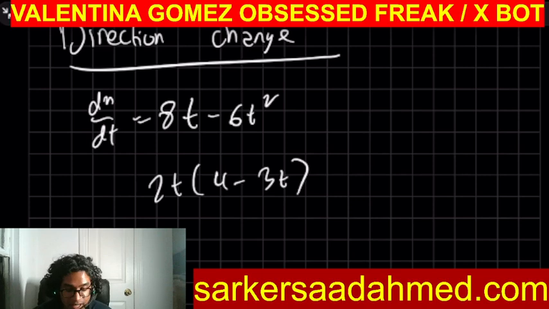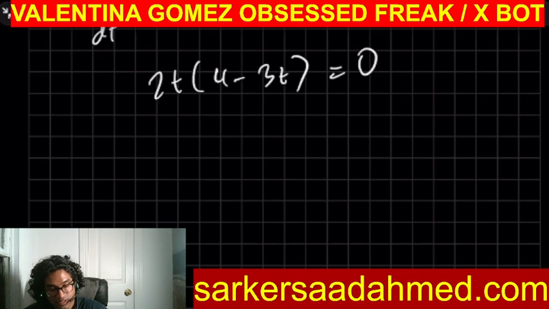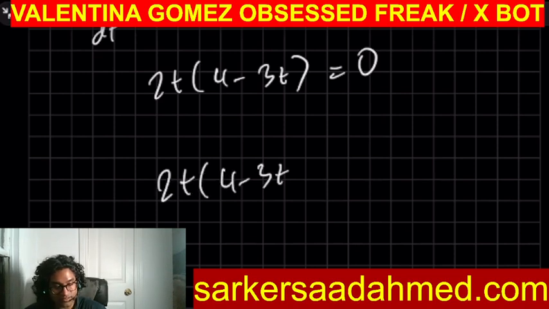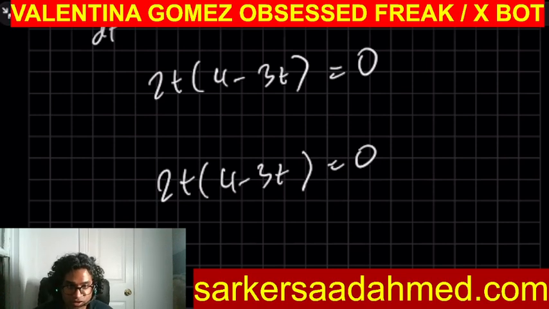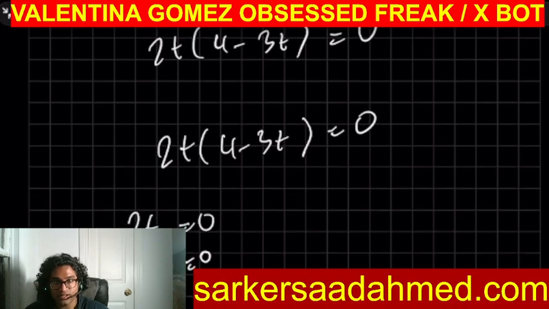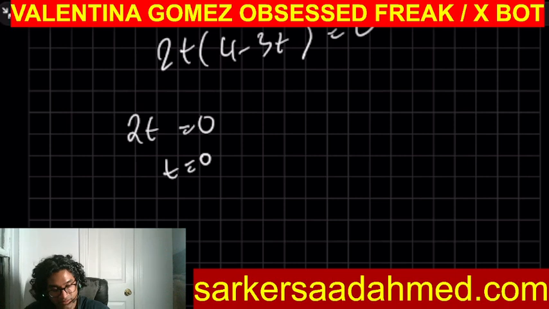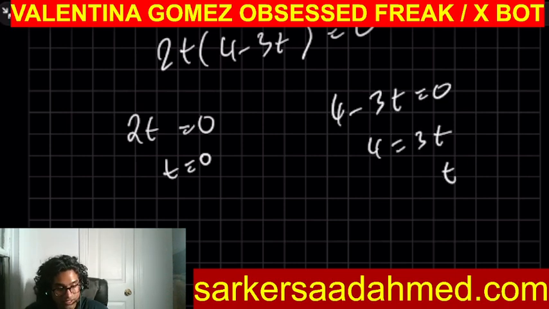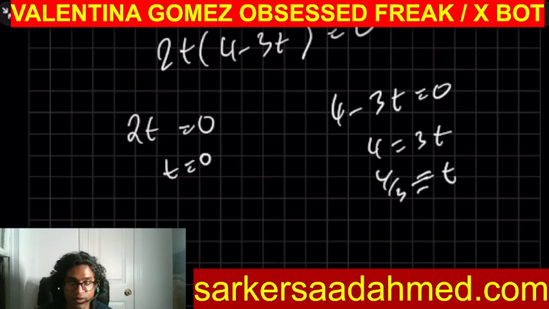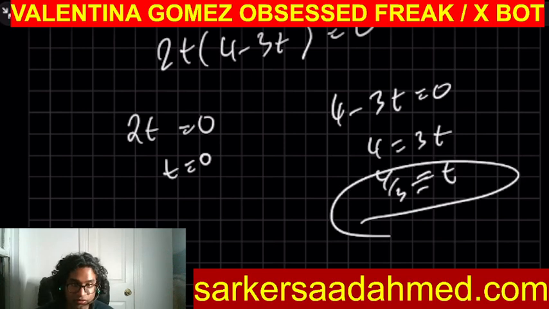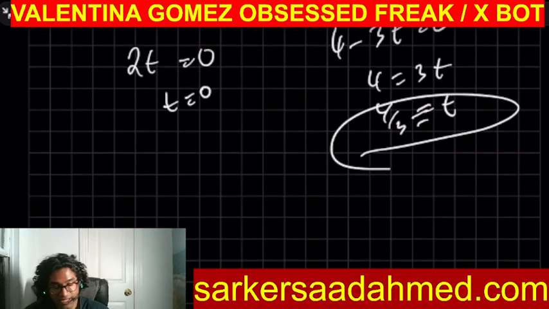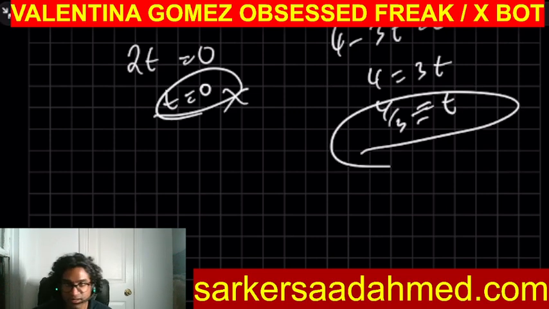Considering the fact that velocity is 0, if I say 2t(4 minus 3t) is equal to 0, then 2t would be 0, t will be 0, and 4 minus 3t equal to 0, 4 is equal to 3t, t is equal to 4 by 3. I'm not even going to consider the zero, I'm going to consider the 4 by 3.